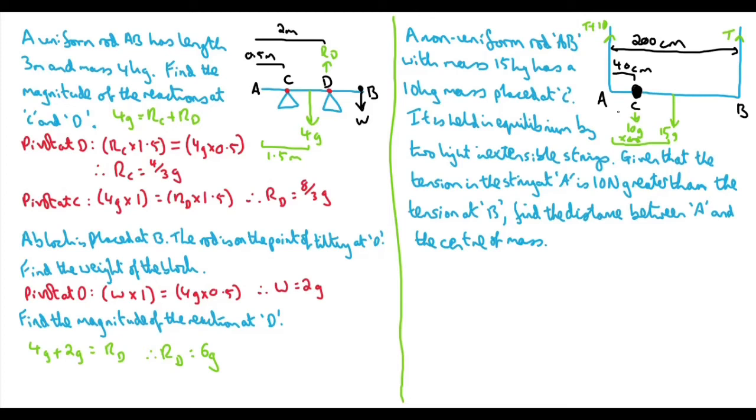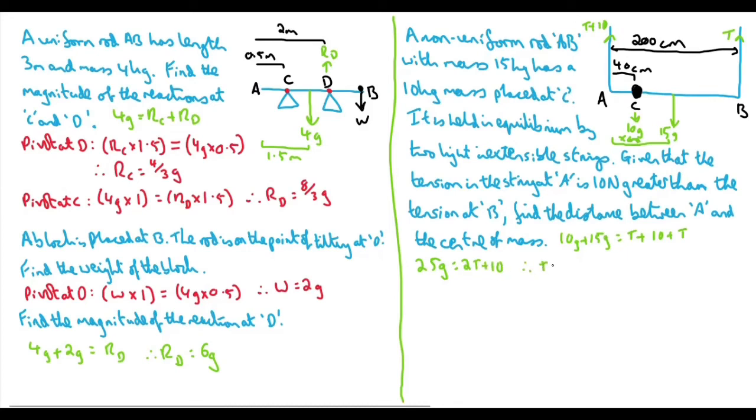Okay, so when we're doing vertical equilibrium, we're looking at the downward force equaling the upward force. The combination of the downward forces would be your 10G plus your 15G, and the upward forces are going to be T plus 10 added to the other T. Simplifying this, you end up with 25G equals 2T plus 10.